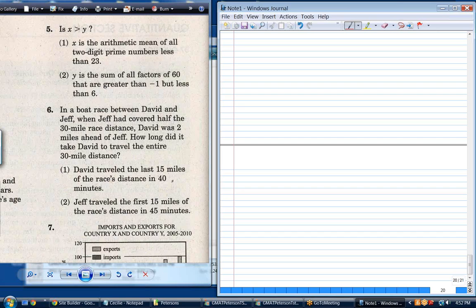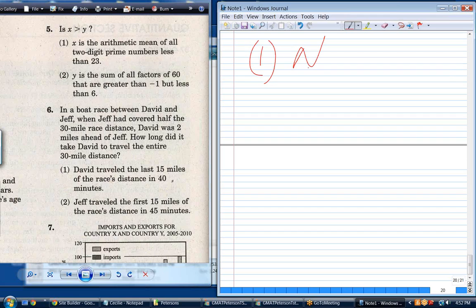Okay, is X greater than Y? 1, X is the arithmetic mean of all 2-digit prime numbers less than 23. Okay, so that is 11.